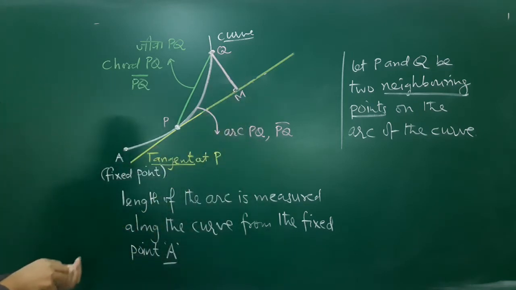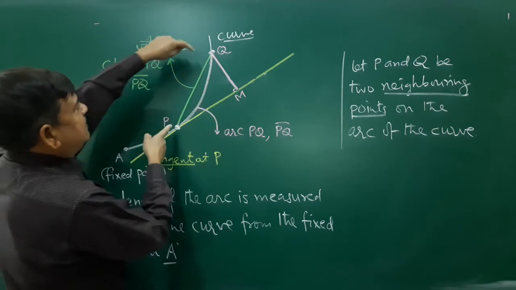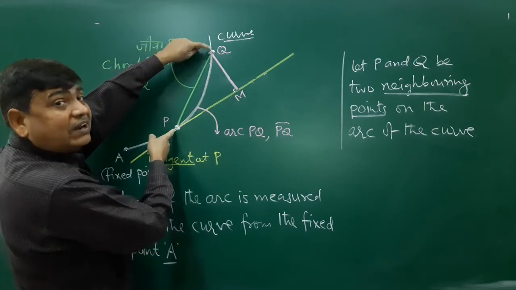Now, obviously, this arc length is greater than this chord length.